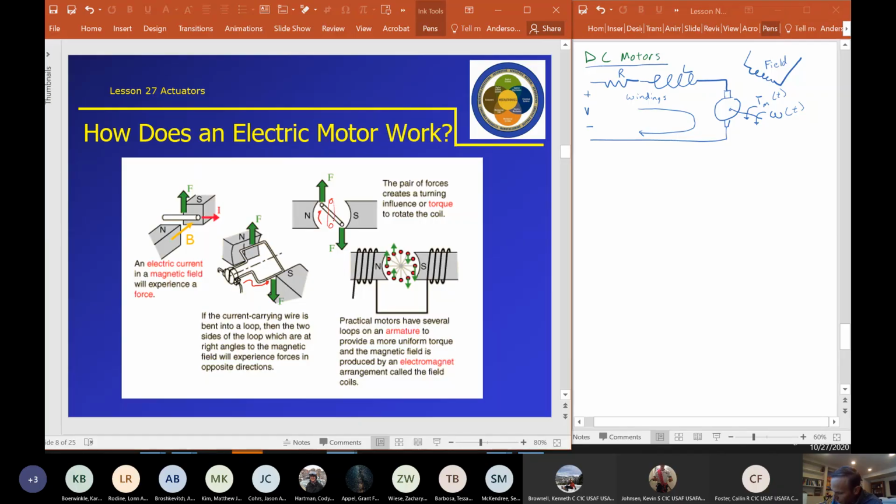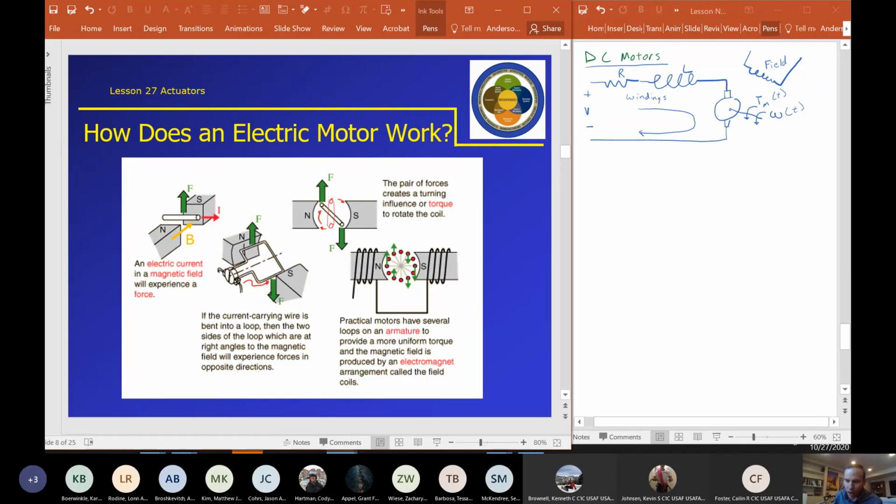At that point, it's going to want to stop because the forces will be balanced between the top and bottom coils. So if we switch the current at that moment, then we'll get an attractive force here that wants to pull that coil that way, and pull this coil that way. So we need a way to repeatedly switch the direction of current through the wire.